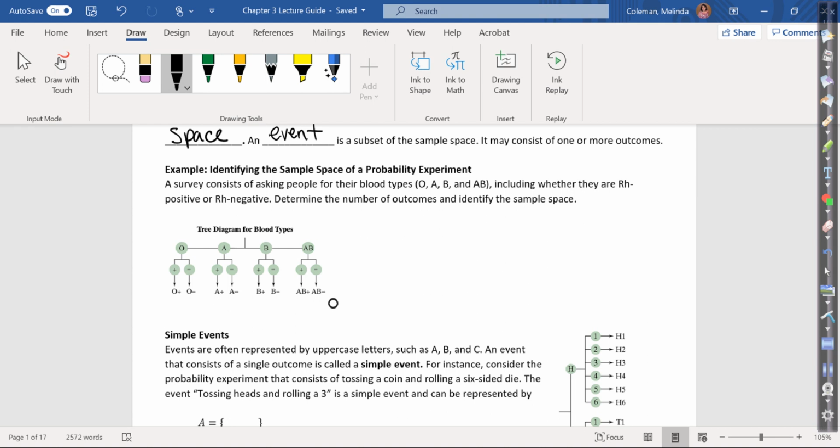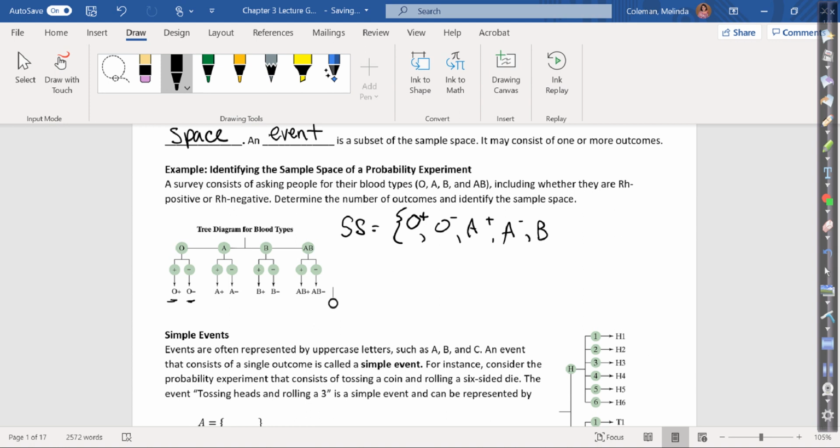So the sample space is used with brackets. And basically, because of this diagram, and oftentimes a diagram definitely helps, we can see that one answer would be O positive. So one outcome is O positive. The next outcome would be O negative. We would then have A positive and A negative.